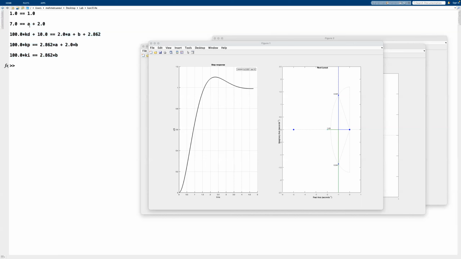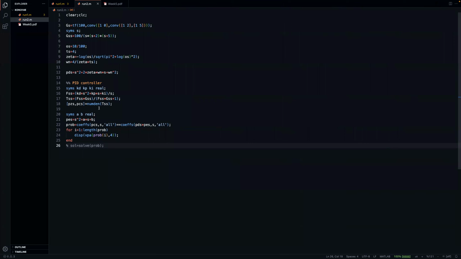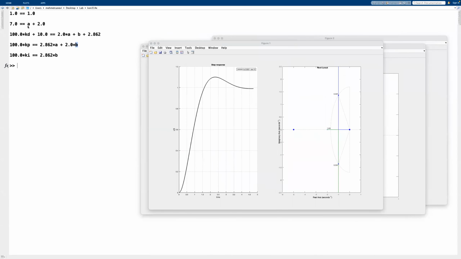If we can somehow ensure that A and B for the specific system are positive, and the reason I say this is that we have a second-order polynomial, and if its coefficients are positive, the roots are going to be stable roots. So in order to ensure closed loop stability, we have to conclude the A and B positivity.